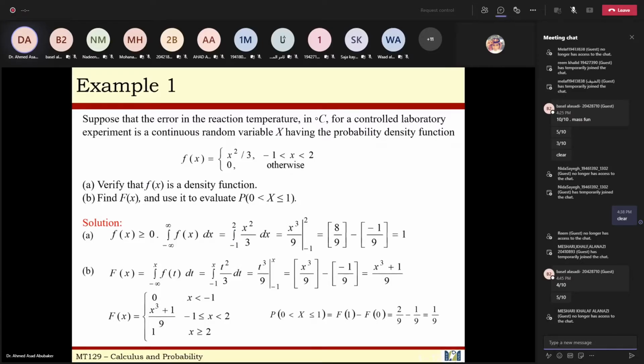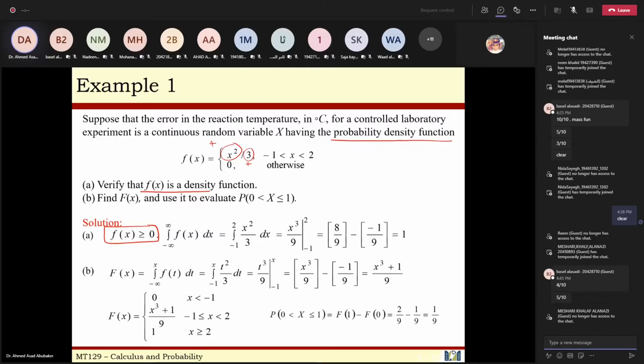This is the probability density function, and we need to verify that density function. To verify a density function, firstly, the first condition: f of x greater than or equal to 0. Why? Because we have x squared and the 3 positive over positive. So we have positive. Okay.